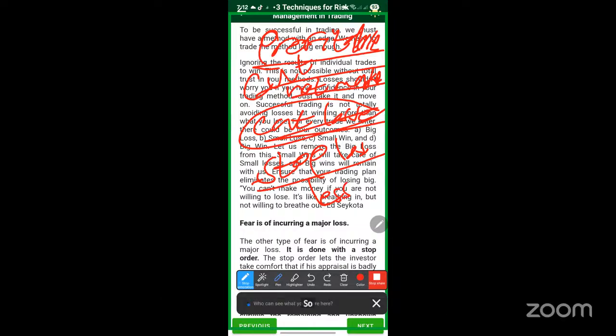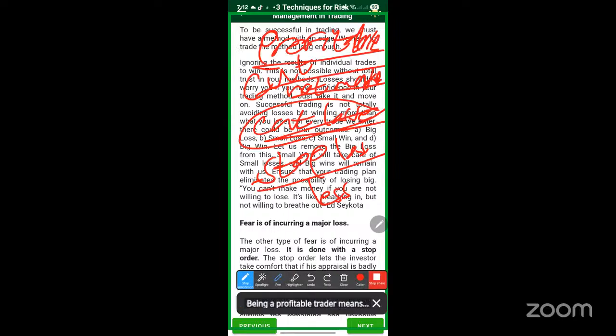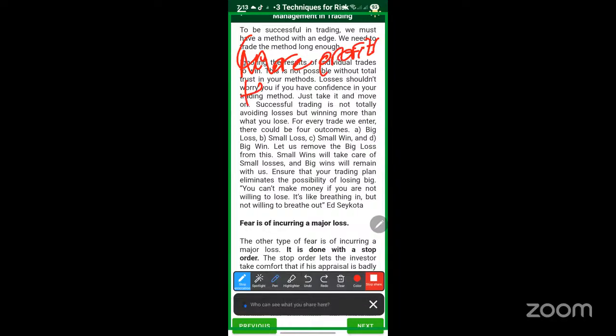So to be a profitable trader doesn't mean that you will not make any loss. Being a profitable trader means that you are getting more profits than losses.